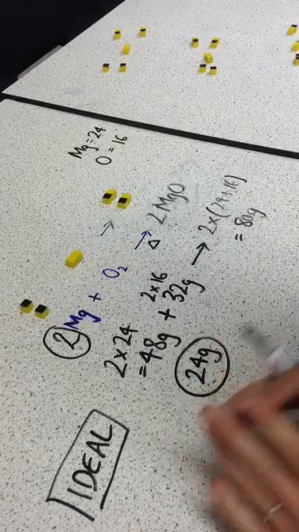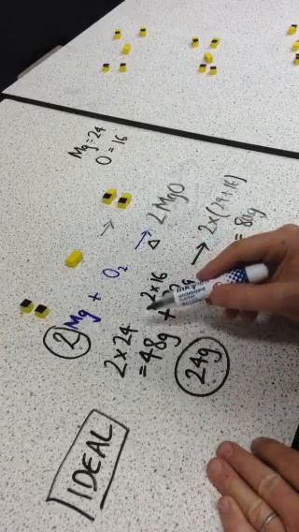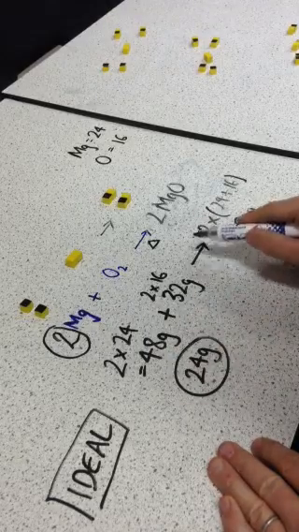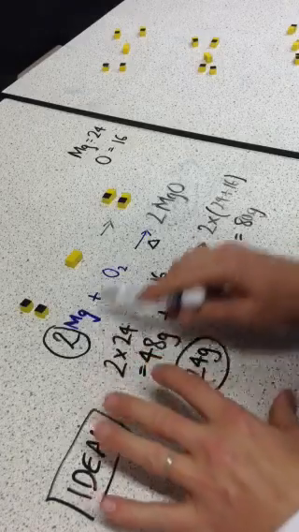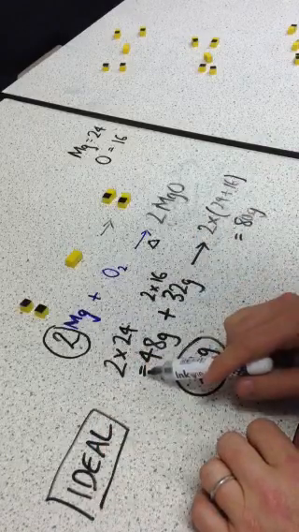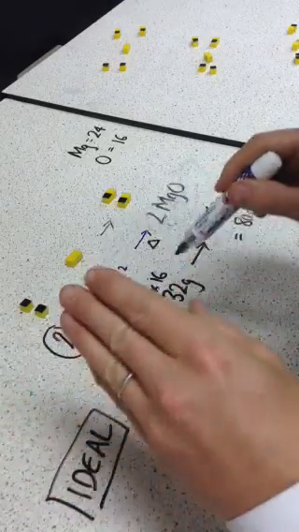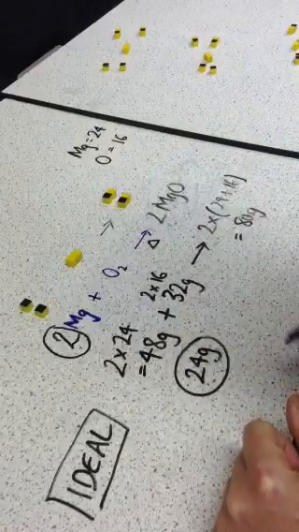Well, actually, this is much more straightforward than you'd think once you've got the relative formula masses in place like this. So the first step in this situation is you balance the equation and check it's balanced. You then calculate the ideal situation where if you had the exact relative formula masses, 48 plus 32 would go to 80.